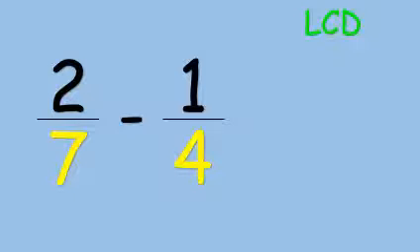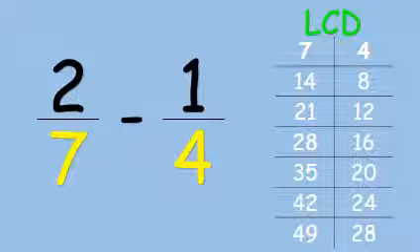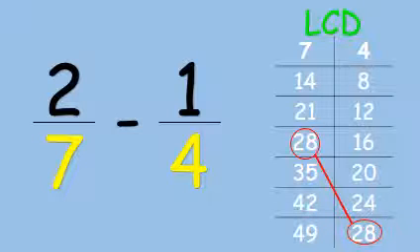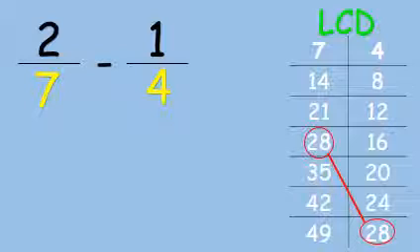Are they 4, 8, 12, 16, 20, 24, 28? Very good. Which of the multiples for 7 and 4 is your lowest common denominator? Did you choose 28? That is correct. 28 is our common denominator.